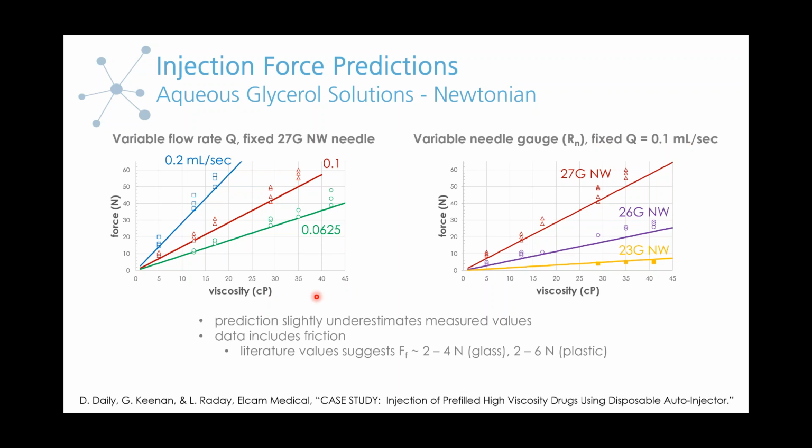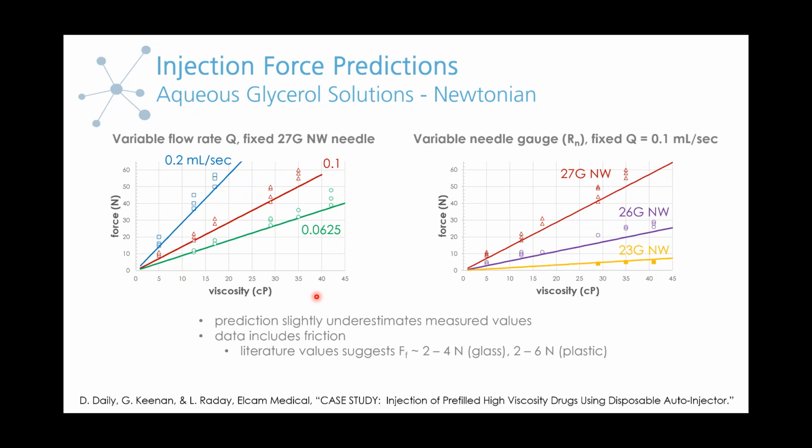And I wanted to point out that if you look at the comparison of this simple expression with the data, you can see that in a number of instances we're either under predicting the force or we're at the low end of the range. And the true measurements are actually going to include the frictional component, which is not part of our prediction. I was looking in the literature to try to find some values on what the friction is in a syringe.